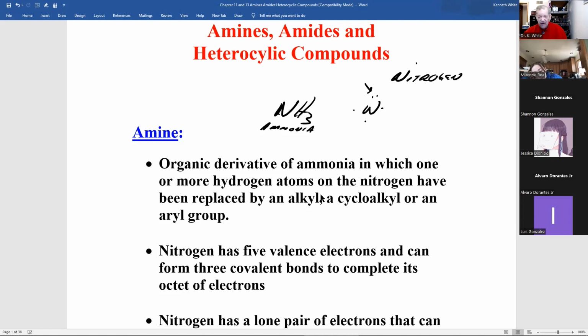And this you should remember. Nitrogen can have 3 or 4 bonds to it. And that's different from carbon, which always has and only has 4 bonds. Nitrogen can have 3 or 4.